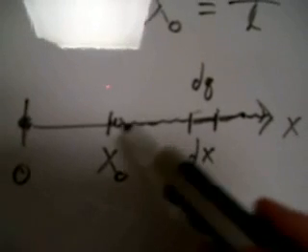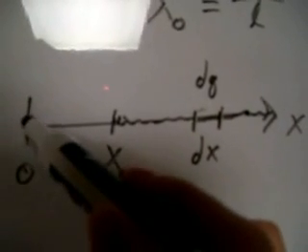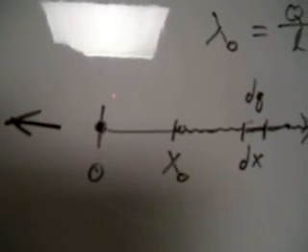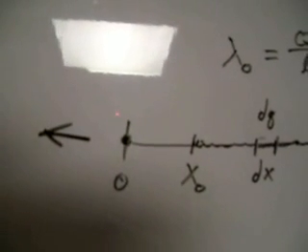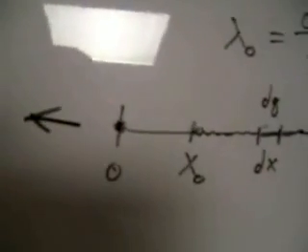I'm going to assume it's positive anyway, and obviously I'm going to say the test charge is positive too, so the electric field is going to be going in this direction, same direction as the electrical force. And that's it. Coulomb's constant times the density over x naught going that direction. Okay.